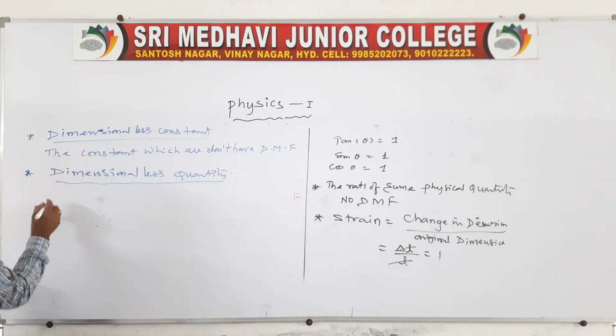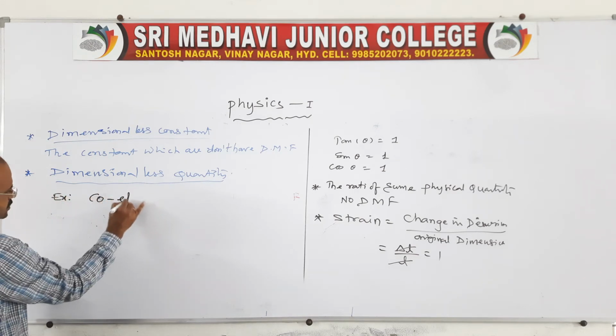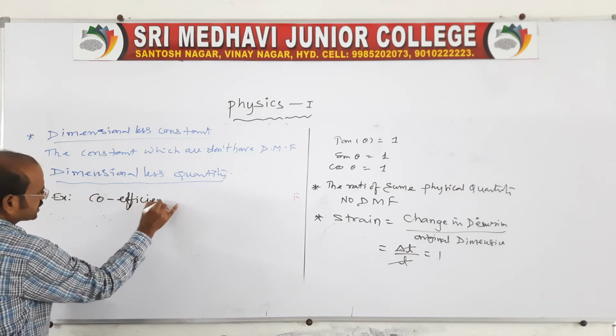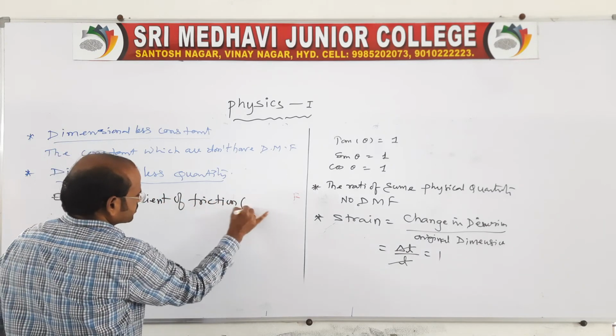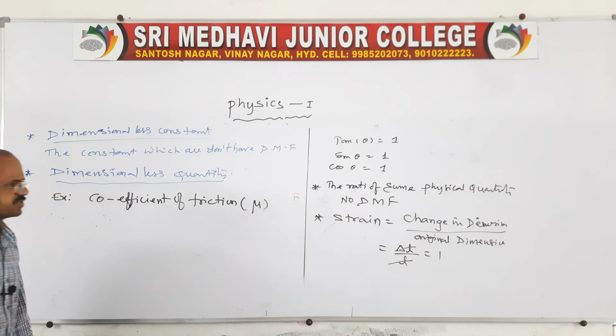As the next example, take the coefficient of friction, mu. The coefficient of friction also has no dimensional formula.